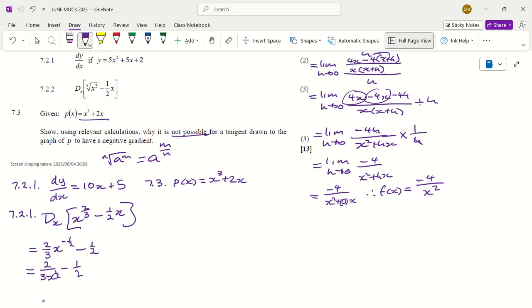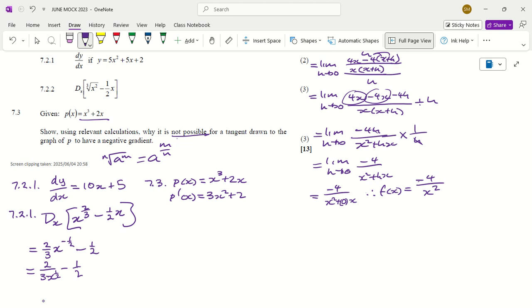Then the gradient, the derivative, is equal to 3x squared plus 2. So we need to prove that the function can never have a negative gradient. So the equation of the gradient is 3x squared plus 2.